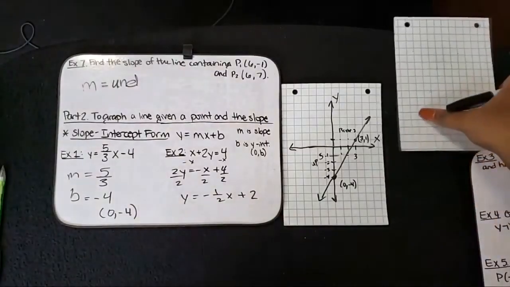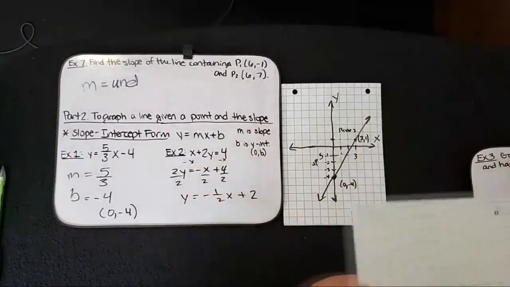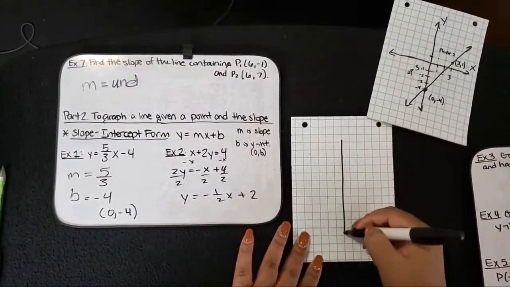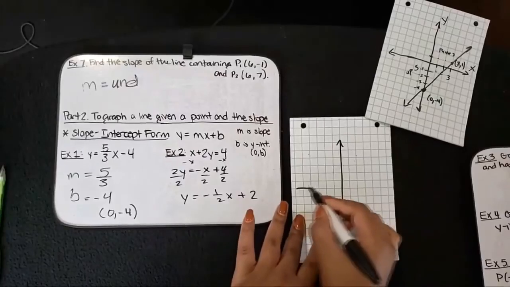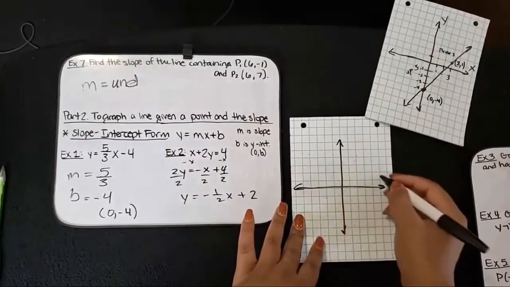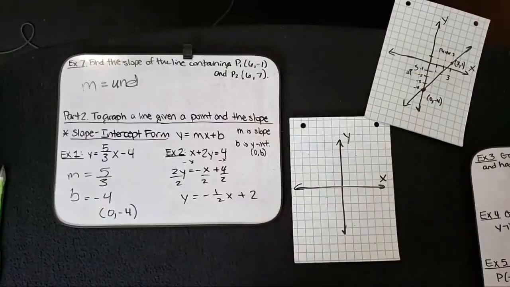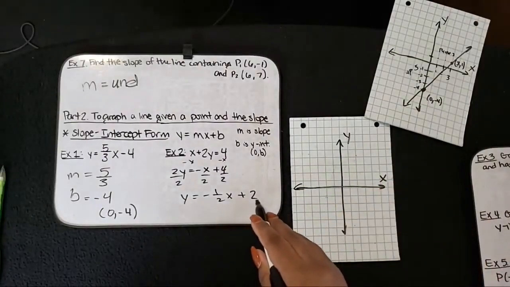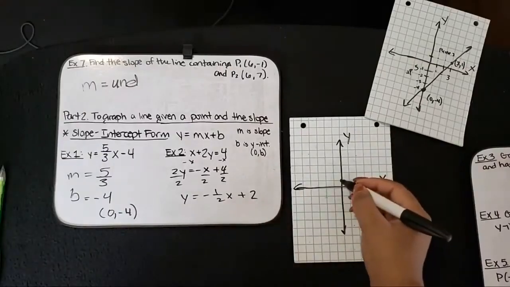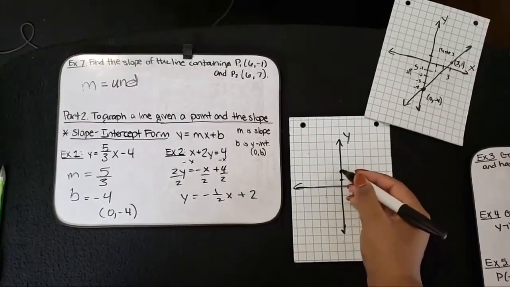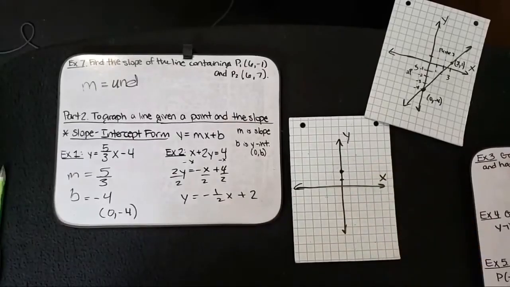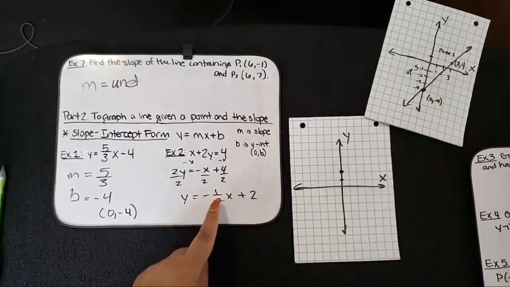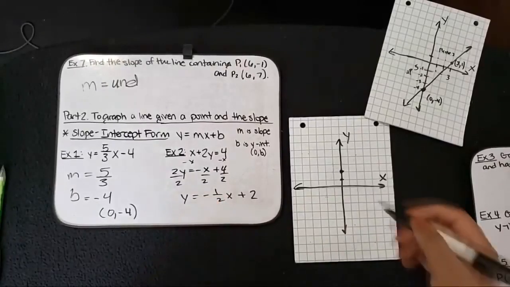Now that we have this, we can graph it. We first plot our y-intercept, which is 2, so it's at 2 on the y-axis. Then we do our slope. Because it's negative, we're going to go down 1 and to the right 2.